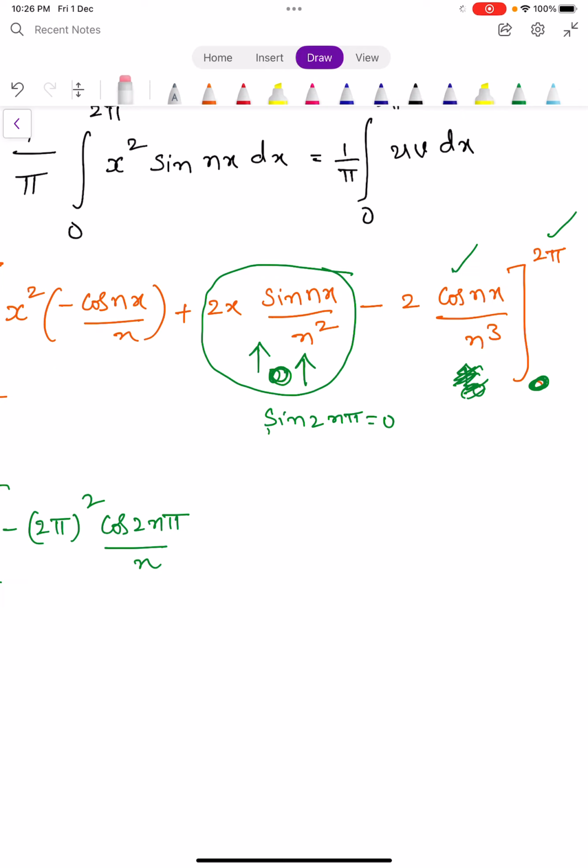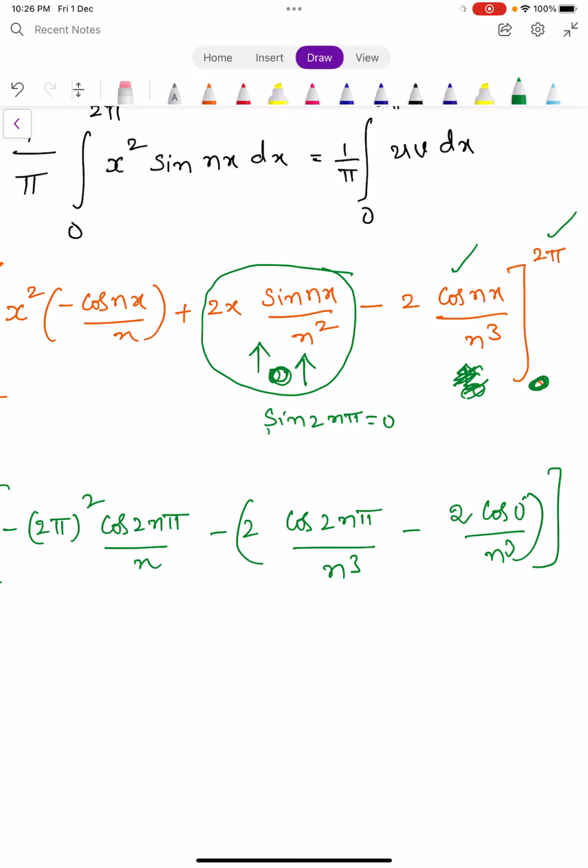Now the last term for the upper limit is minus 2 cos 2n pi divided by n cube, and for the lower limit it is minus 2 cos 0 degrees by n cube. This is upper limit minus lower limit.